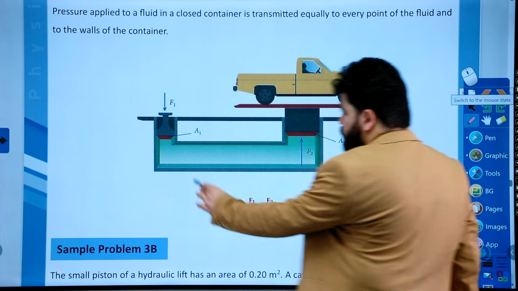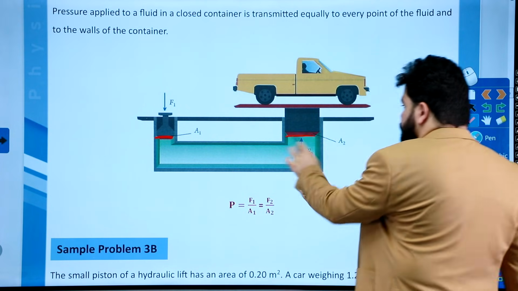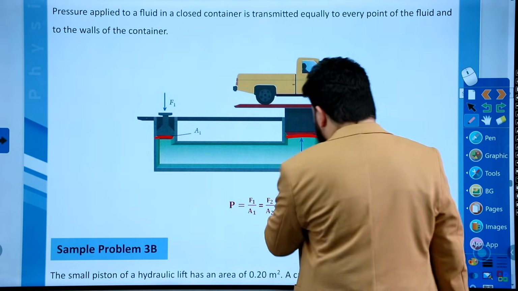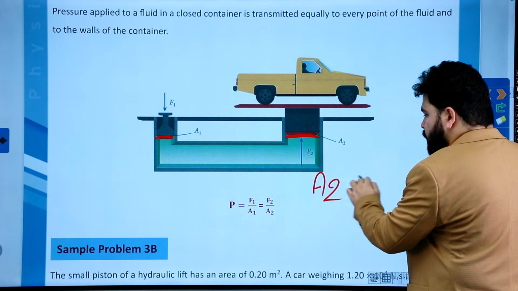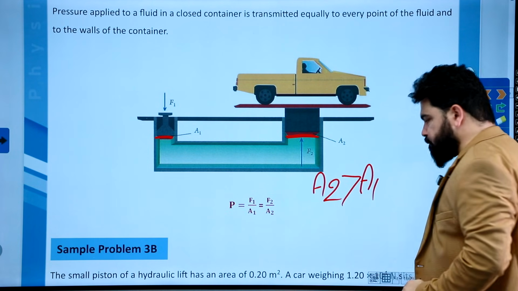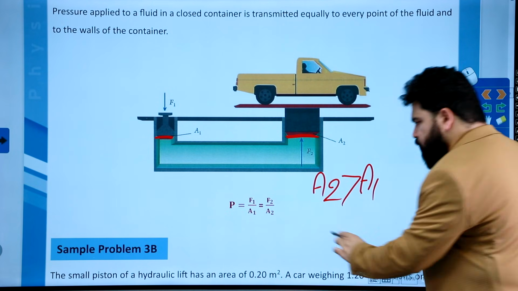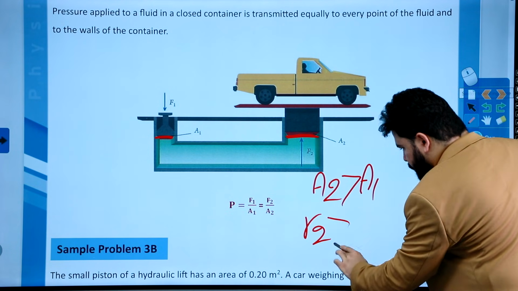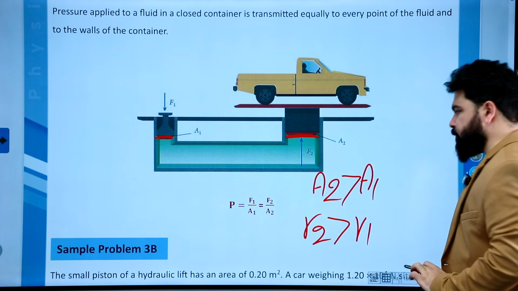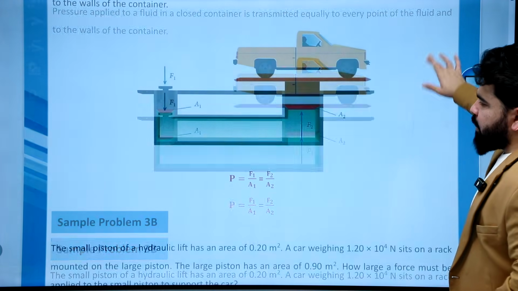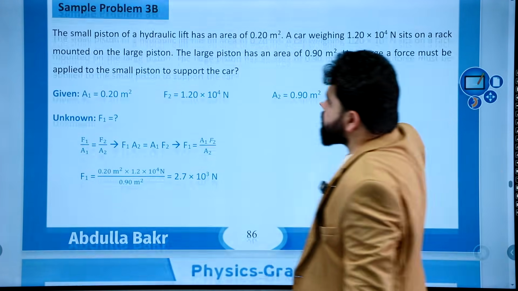Just one simple note. How do you know this one is A1 and how do you know this one is A2? A2 is always greater than A1. If it gives you radius, radius 2 is always greater than radius 1, even if the question doesn't say. Let's solve the question.